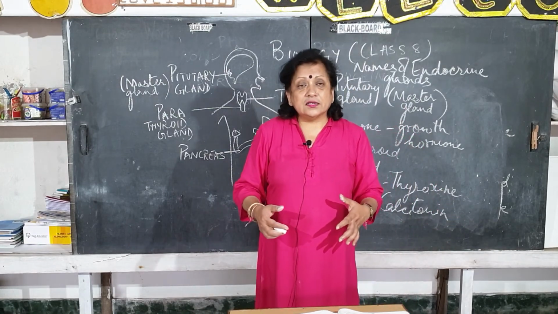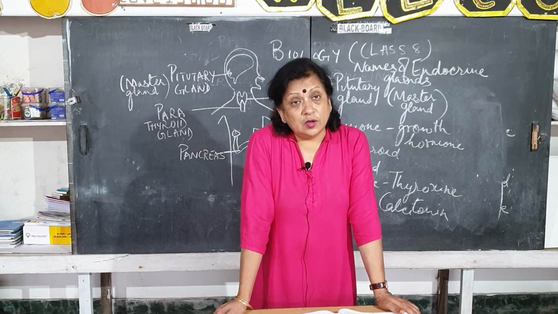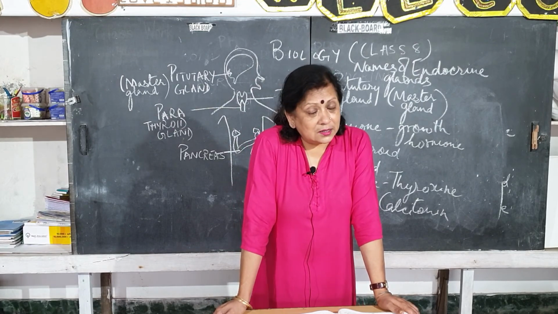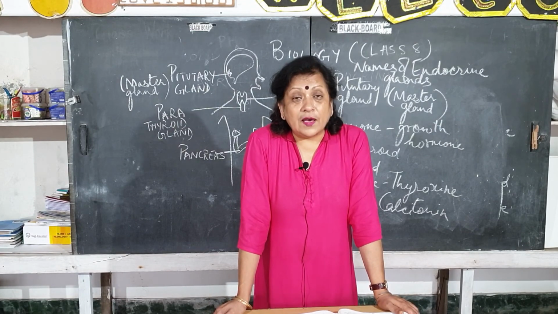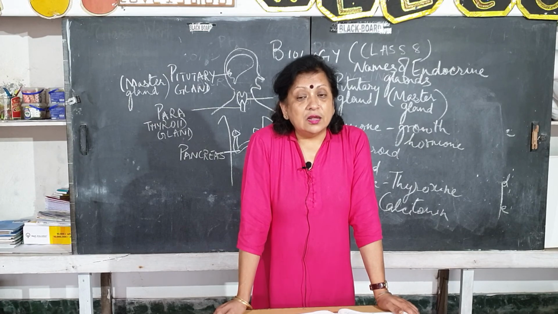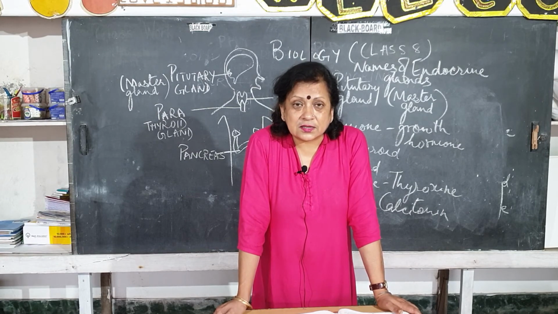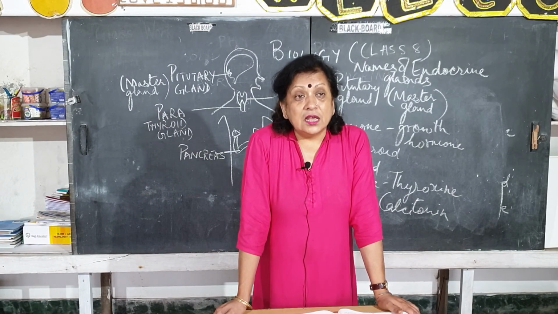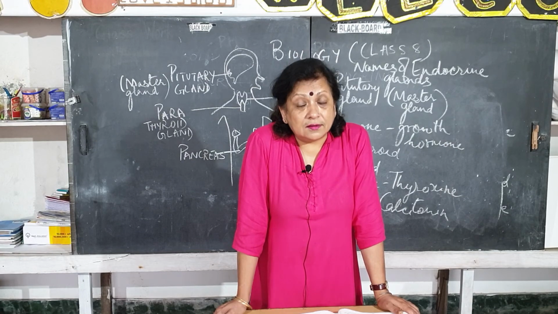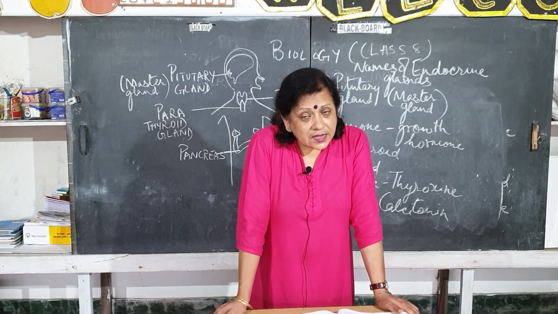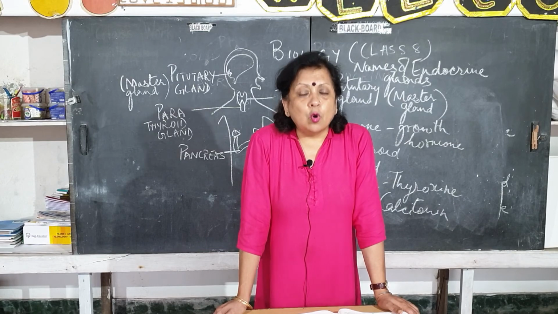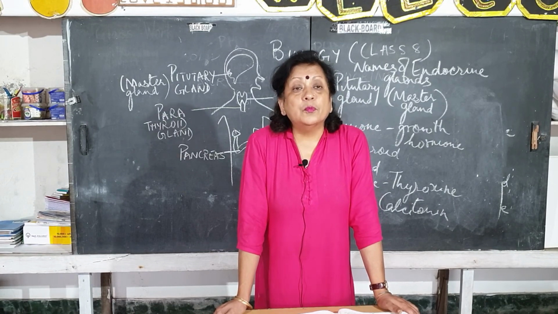On the other hand, if too much thyroxine is produced by the thyroid gland, the rate of cellular metabolism increases and the person may become too thin. So, undersecretion as well as oversecretion are both bad.